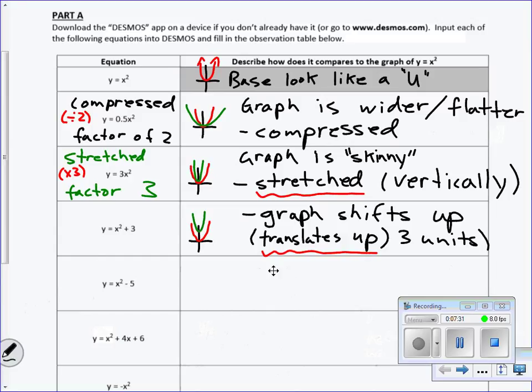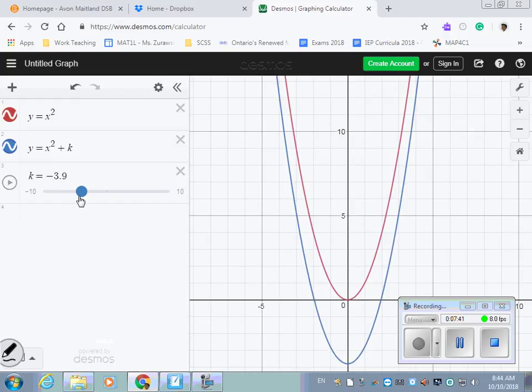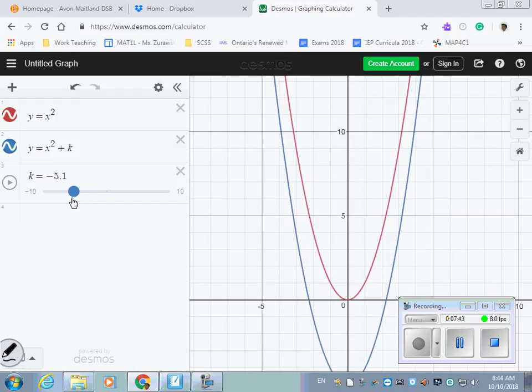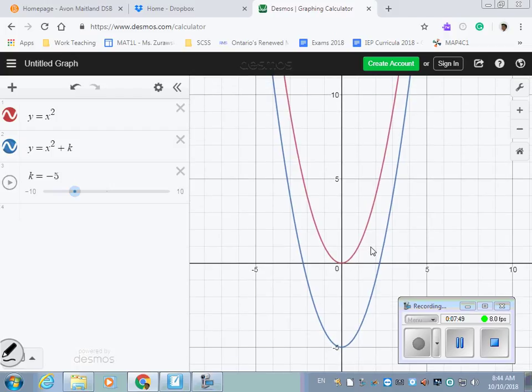So now we have this next part. So in this part, it says we have x squared minus 5. So when we go to Desmos, if we move our k value down, when we subtract 5, literally our graph shifts down exactly 5 points from the original. So if we used our points at, say, 1, 1, our new point is going to be 1, negative 4 on our next graph.